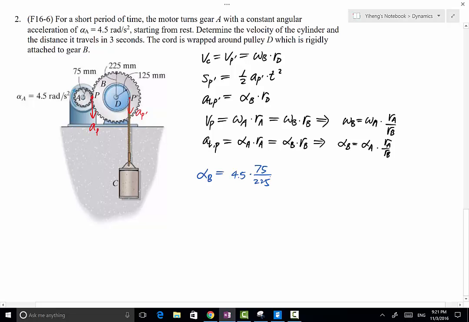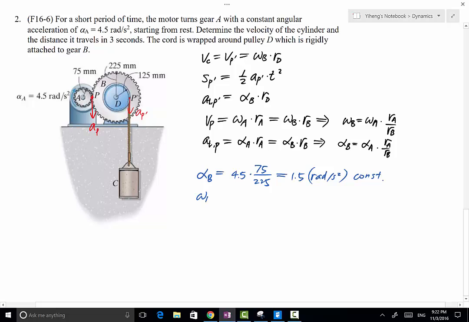That's the ratio of the radius of gear A versus gear B. Therefore, alpha B is also a constant 1.5 radian per second squared. So this is a constant. So if it's a constant, we can also apply the kinematic equations for theta, omega, and alpha.